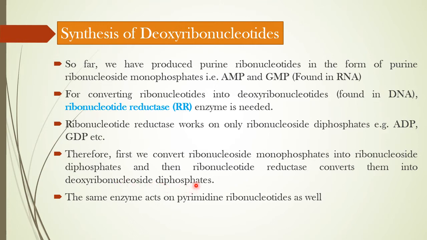and make for us deoxyribonucleoside diphosphates. Now the same enzyme, ribonucleotide reductase, can work on pyrimidine ribonucleotides as well. So this enzyme is single and general, and it can work on both purine ribonucleotides and pyrimidine ribonucleotides and convert them into deoxyribonucleotides for DNA.